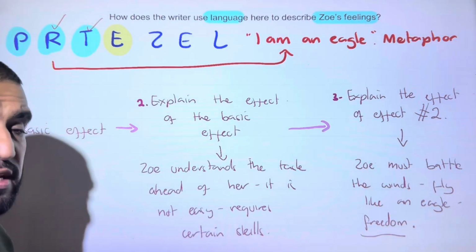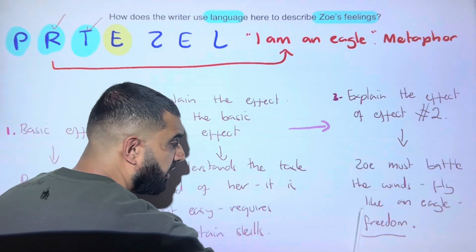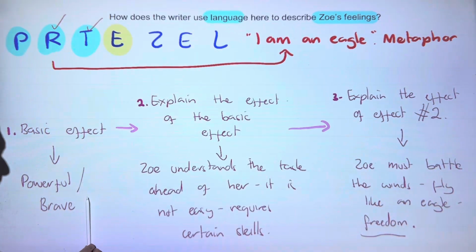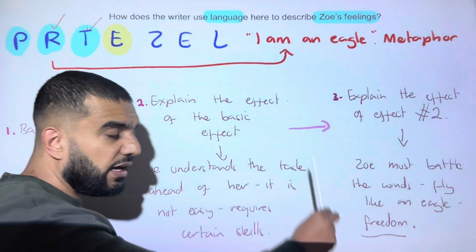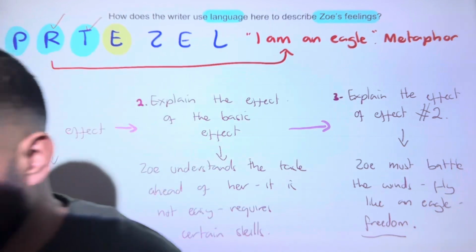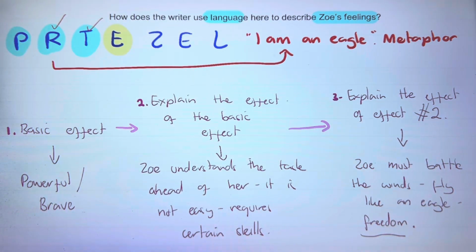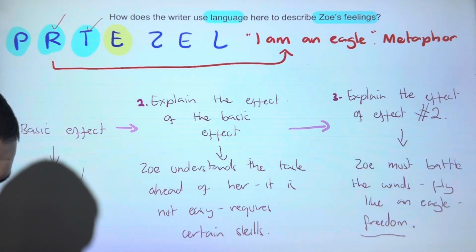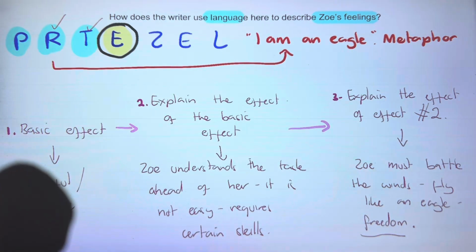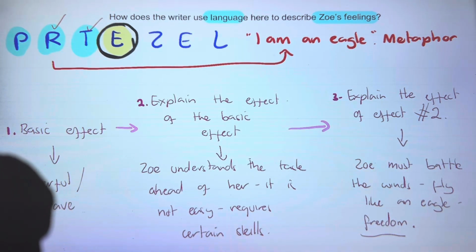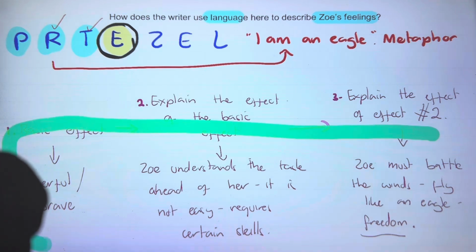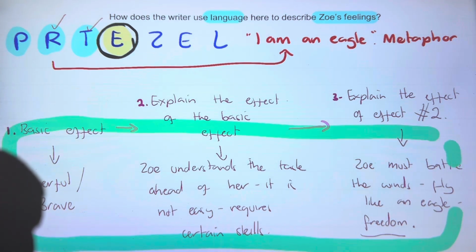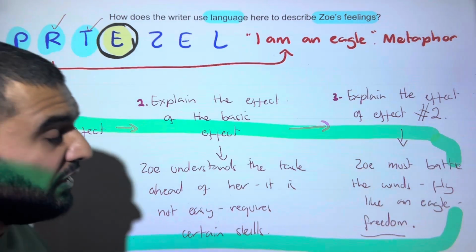Even though we broke it down into the effect of the effect of the effect, even though it's broken down into 3 separate effects, when we do the write-up, this will read as one complete effect. The examiner won't know that we split it up.